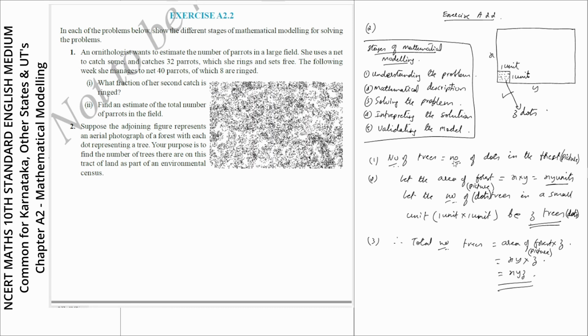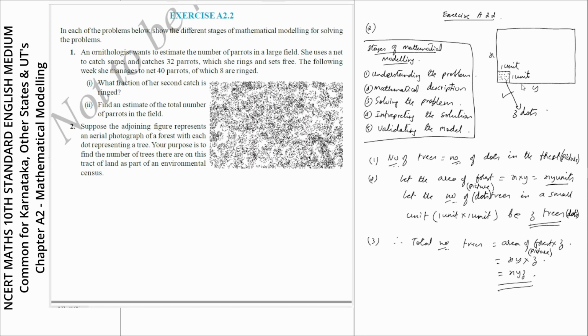So the number of trees is equal to the number of dots in the forest picture. This is also the first stage of mathematical modeling, which is understanding the problem. So here what we can understand is the number of trees is equal to the number of dots in the picture. Now counting all the dots is a tedious task and takes a lot of time.